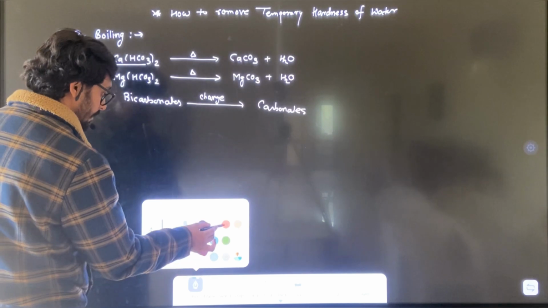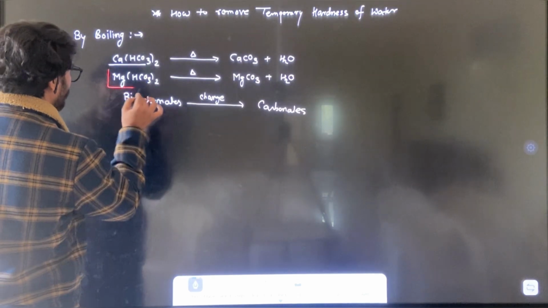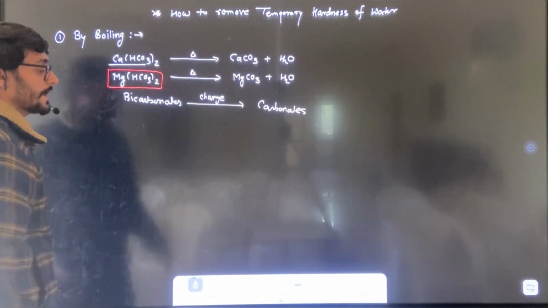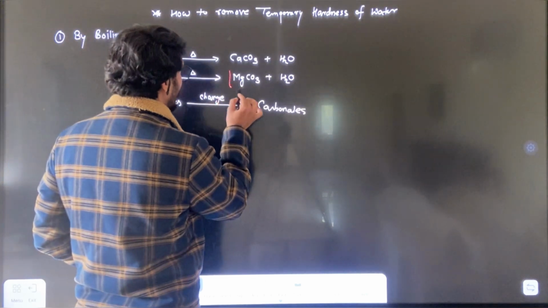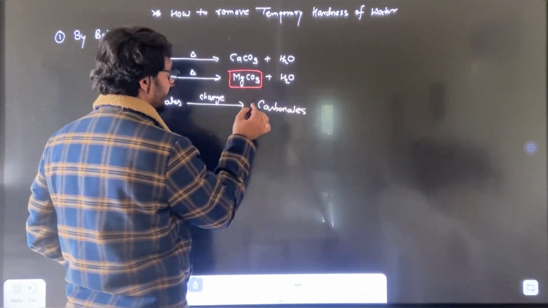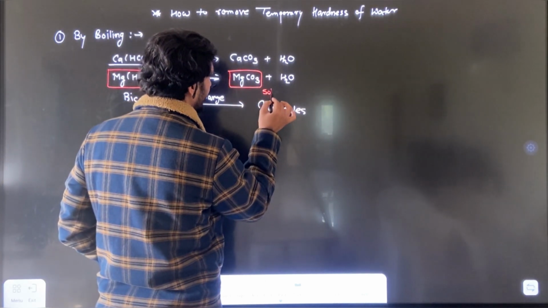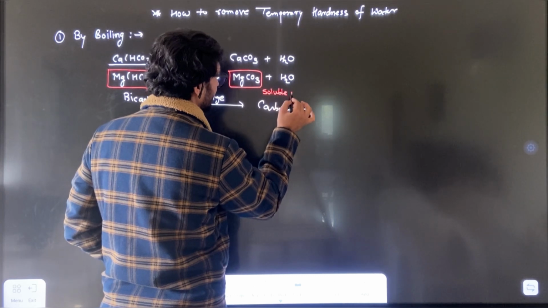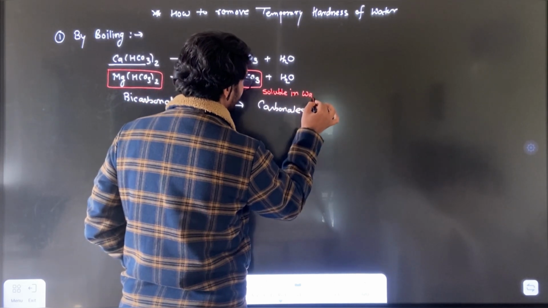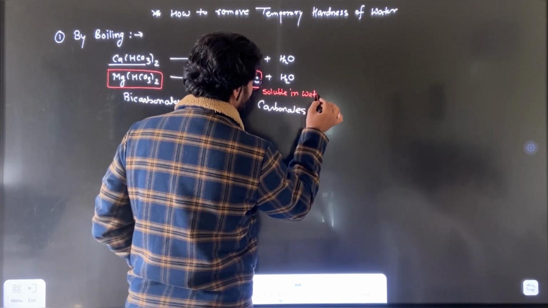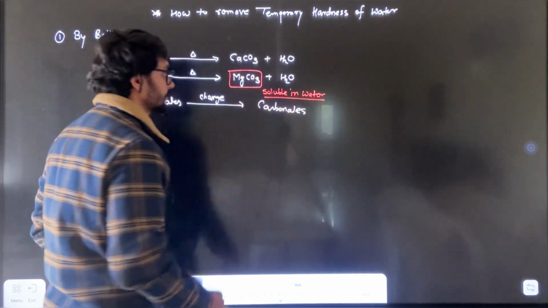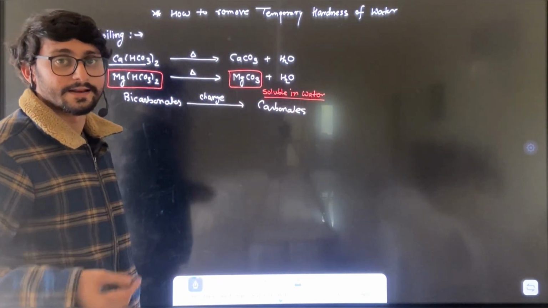But there is a problem in the case of magnesium bicarbonate, because magnesium carbonate is soluble in water. That's why magnesium carbonate further causes hardness of water.